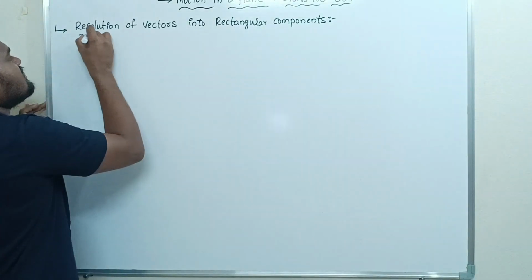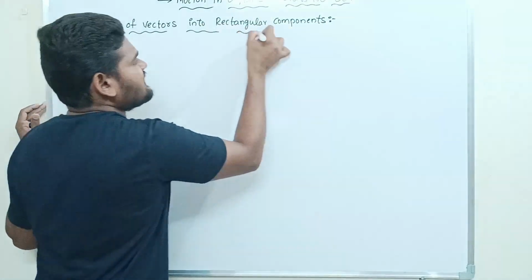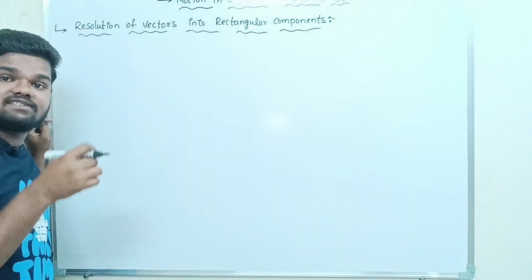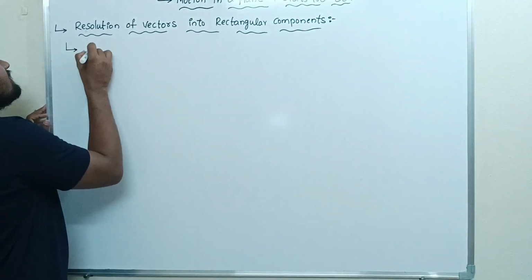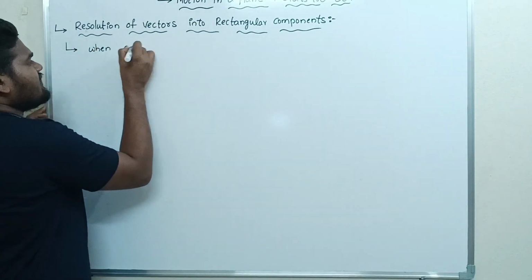Okay, so have a look. What is the meaning of resolution of vectors into rectangular components? A simple definition is given in the textbook.